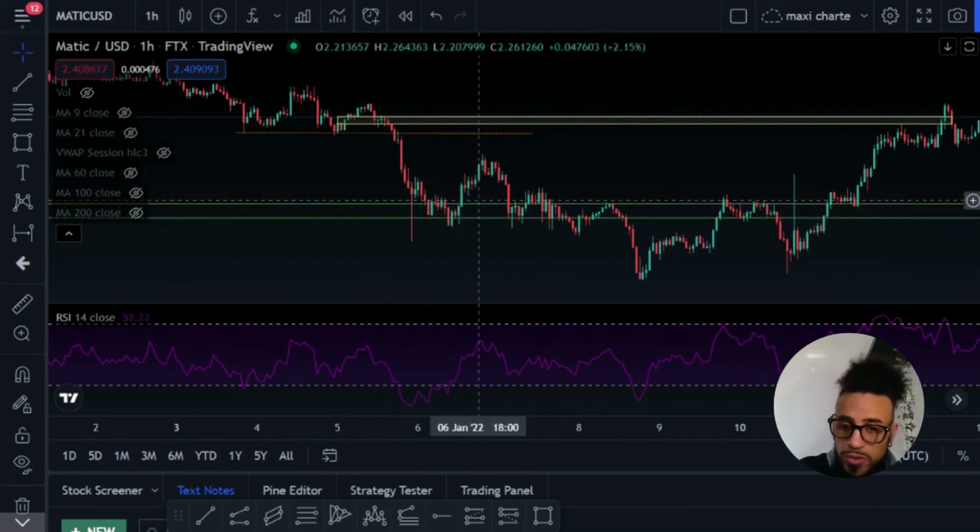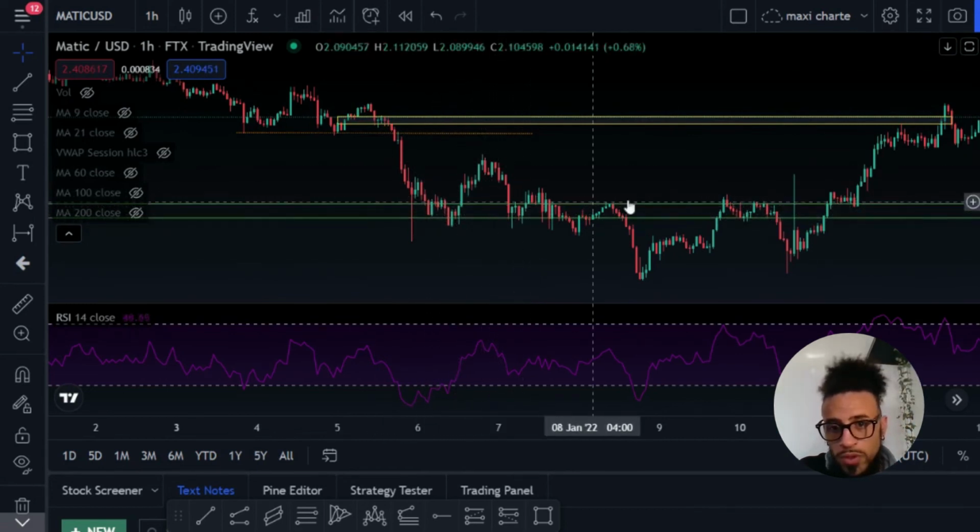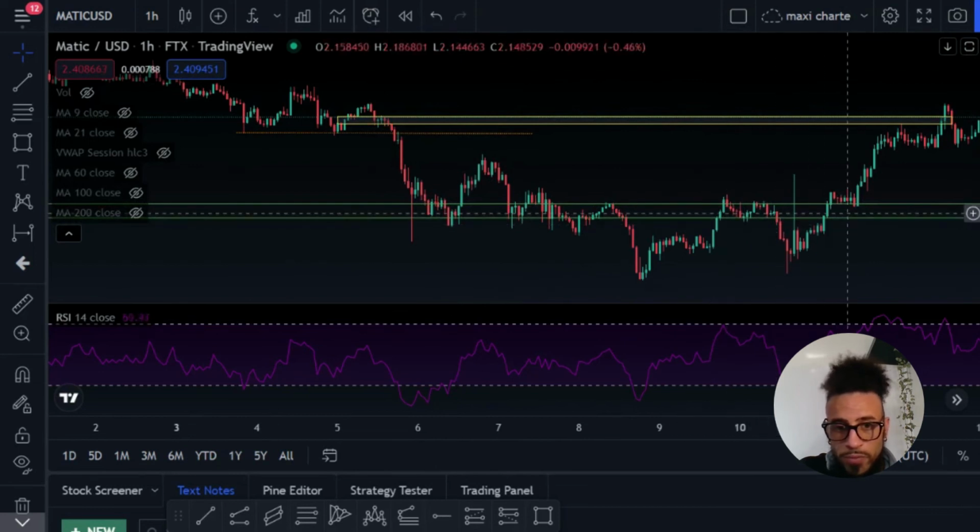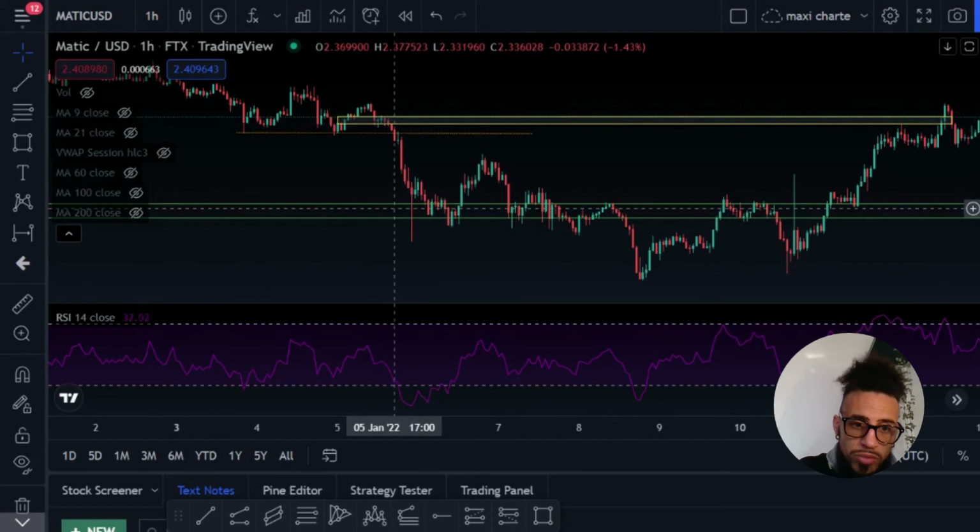Then there is another POI that broke a structure, but this time to the downside. So this little POI right there, see? The buy before sell candle.